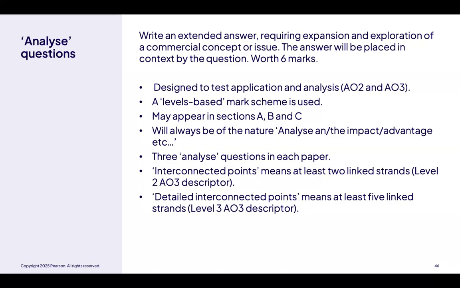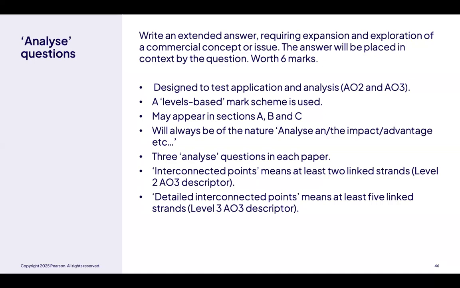Now, can I really draw your attention to these 2 final bullet points? When we look at the mark scheme in a moment, you'll notice that it will be saying linked strands of development, and it will use these 2 phrases, interconnected points and detailed interconnected points. So I'm looking at the last 2 bullet points here.